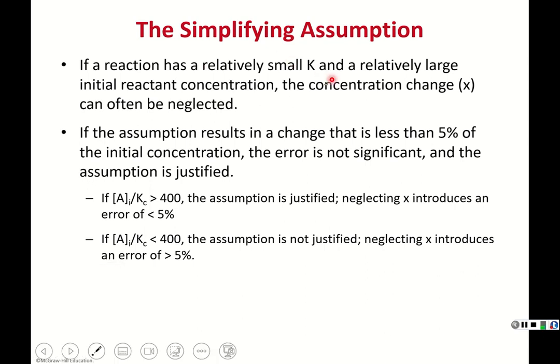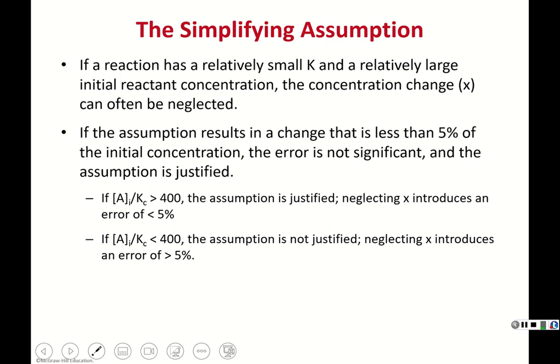If your reaction has a relatively small equilibrium constant and a relatively large initial reactant concentration, the concentration change X can often be neglected. So if you have a really large amount of reactants and your equilibrium constant is small, so it doesn't really favor the products all that much, then you can ignore your change in concentration, at least in terms of the reactants.